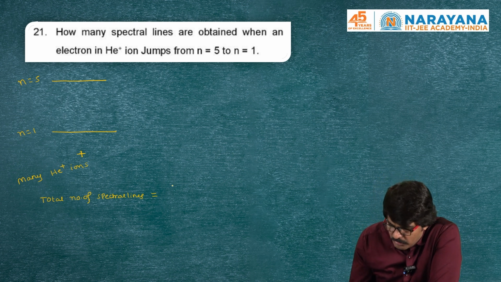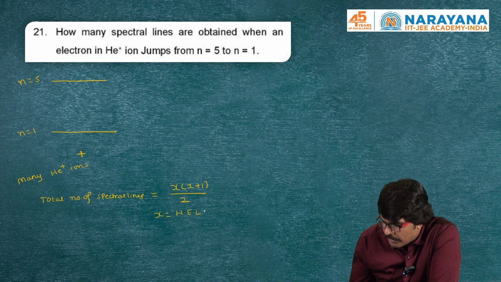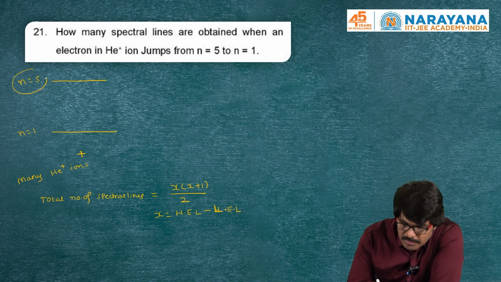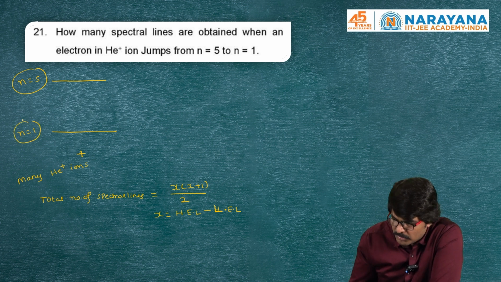That is equal to x(x+1)/2, where x is the principal quantum number of the higher energy level minus the principal quantum number of the lower energy level. In this transition, the higher energy level principal quantum number is 5, the lower is 1.